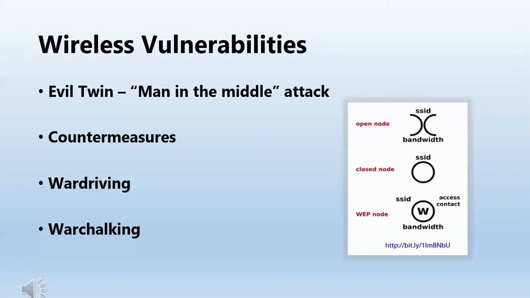Alright, the first and most prevalent network vulnerability is wireless threats. The first of which is an evil twin or a man in the middle attack. And that's when somebody will set up a rogue access point, and that's an access point that's installed without authorization from the company.